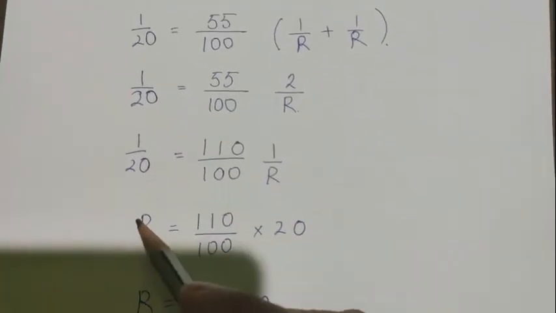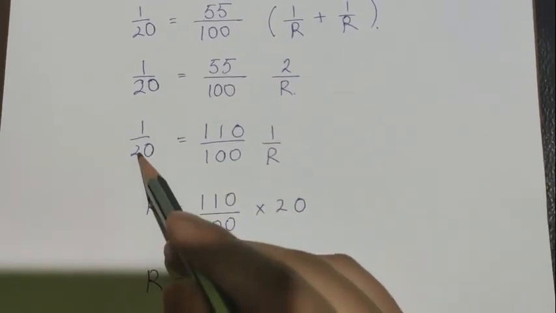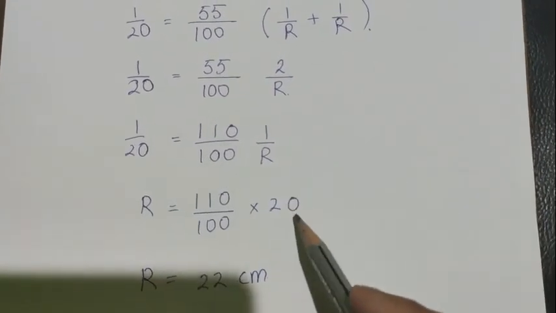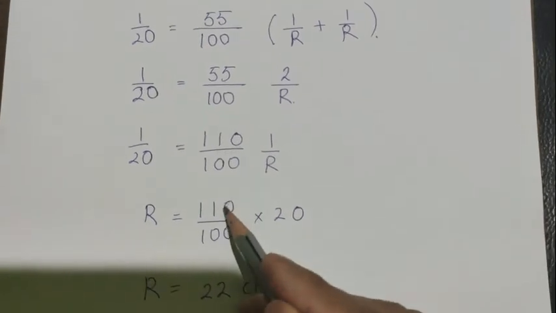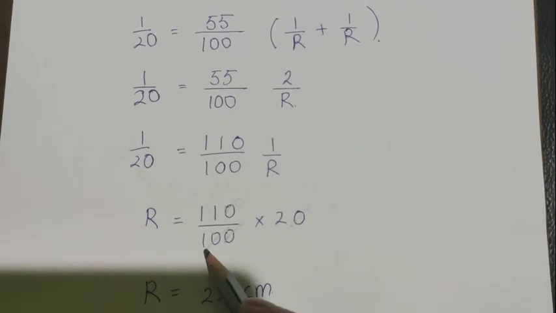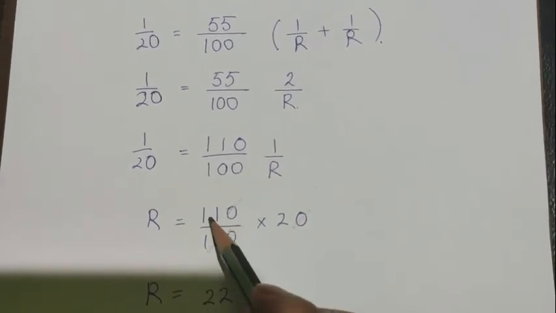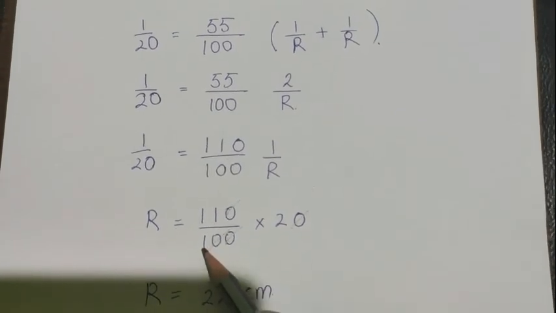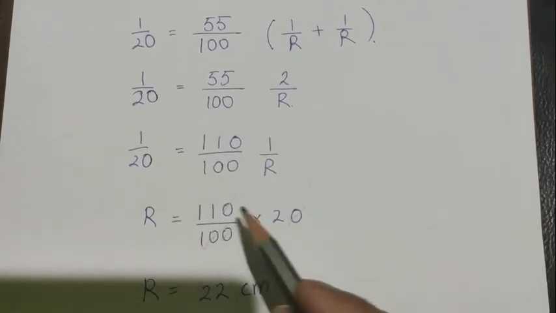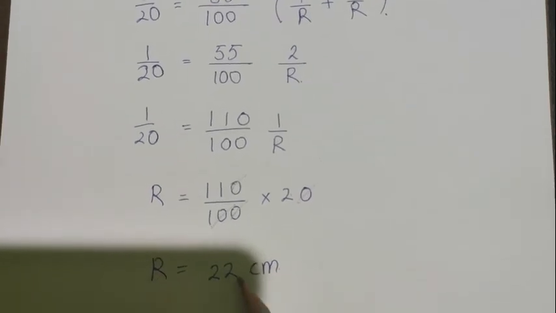So I have R equals 110 divided by 100 into 20. Now 0 and 0 get cancelled, 0 and 0 get cancelled. So I have in the denominator only 1. So 11 by 1 will be only 11. So 11 into 2 will give me how much? 22.